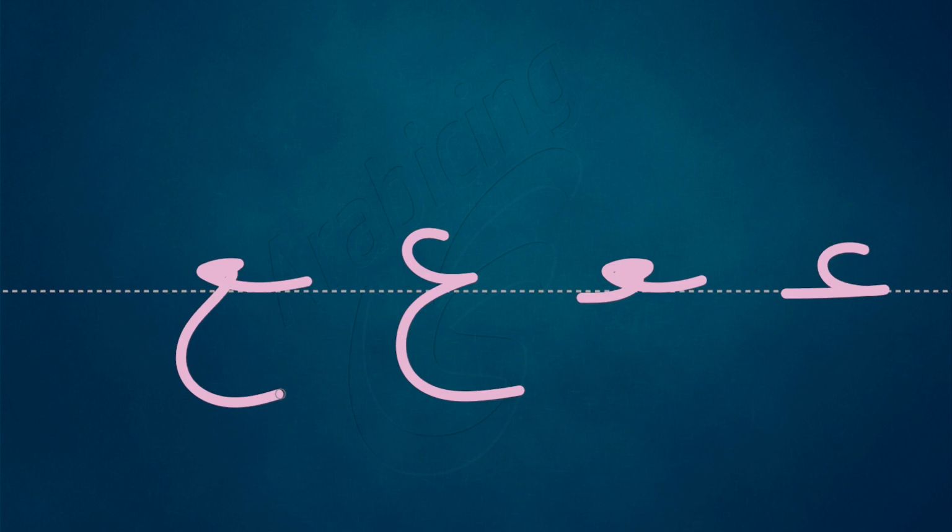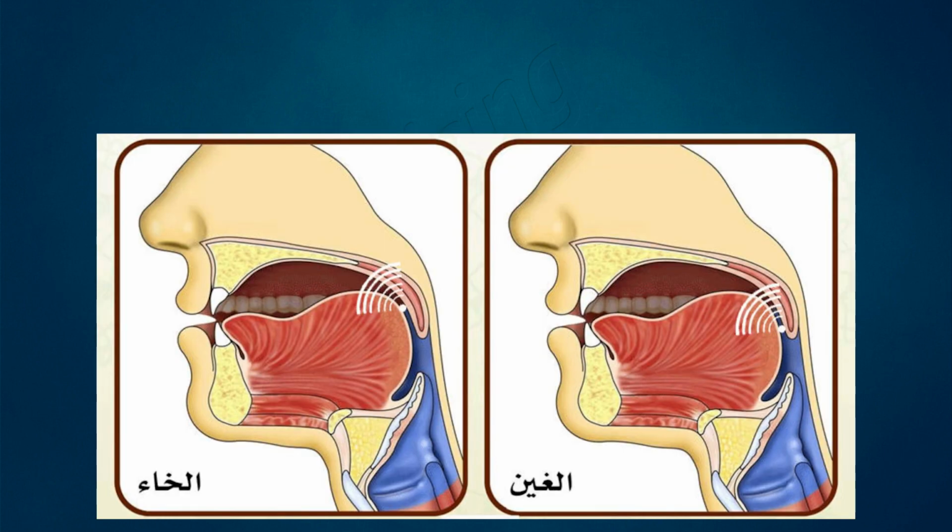What if we put here points? This is غين, غا, غا. It has no counterpart in English, but its sound is similar to gargling. Look at this picture. This picture illustrates how to pronounce both of the letters غين and kha from lesson 5.